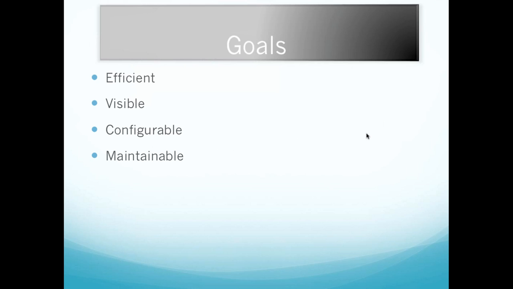I wanted it to be more efficient, to complete re-indexing more quickly, more visible, so we could see what was going on and when, more configurable, so that you can make your changes and feel confident that they're going to work for your local site, and more maintainable. VIVO is carrying a legacy of many years of development, and this was one of the places where old code had collected. So I tried to bring that up to speed, restructure some of it.